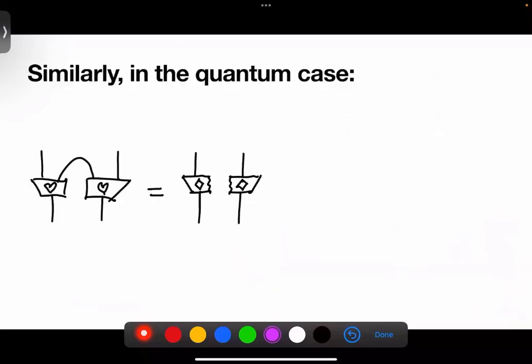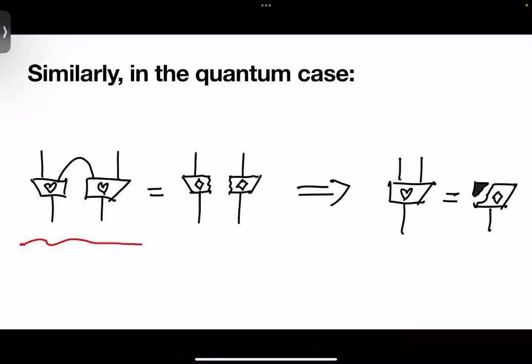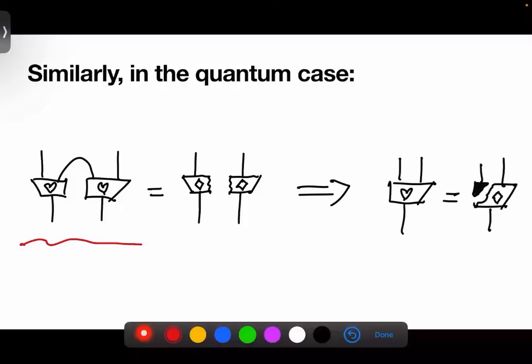So this is quite similar in the quantum case. If we have some kind of quantum box such that if you discard one of its outputs, it corresponds to something on a single wire, then it implies that the original box was actually disconnected from the part where this qubit was going, right?